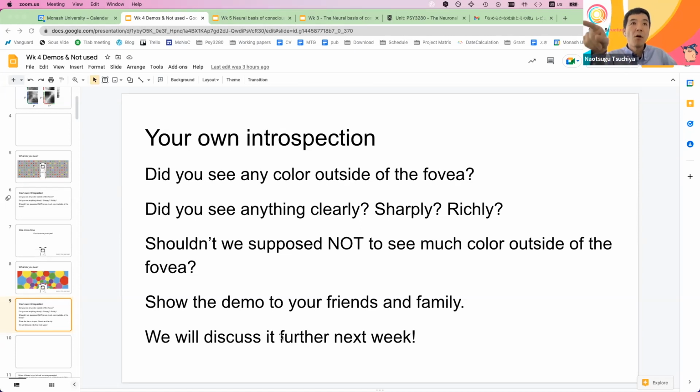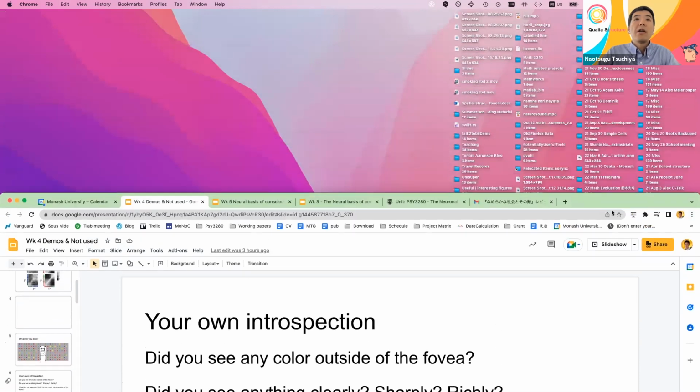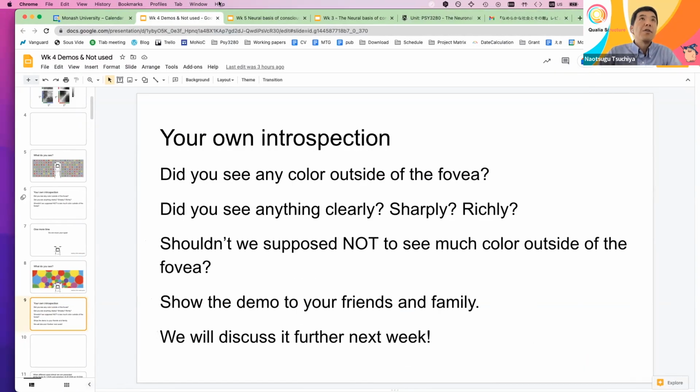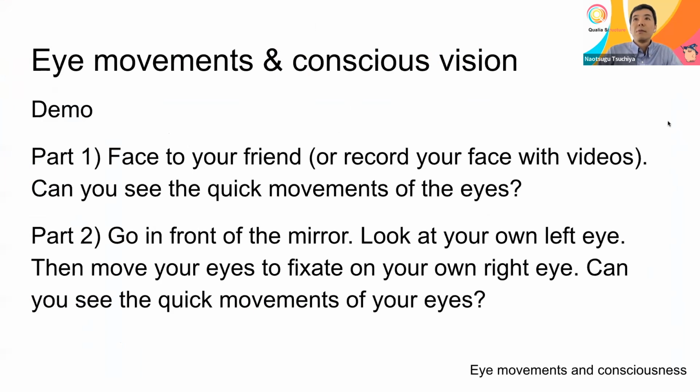But if you go in front of a mirror, then that's much more interesting. In front of the mirror, you realize that you can't see your own eye movement. That's because before and after your eye movements, your conscious experience is edited out and chunked together so that you see continuous phenomenology.